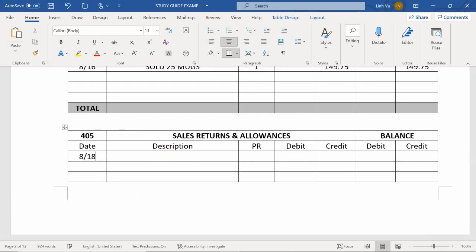We have August 18, return to customers. The sales return is 17.97.